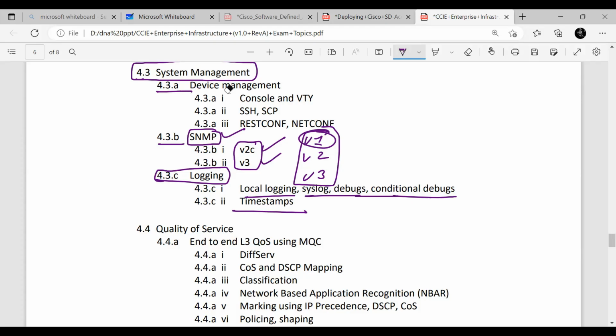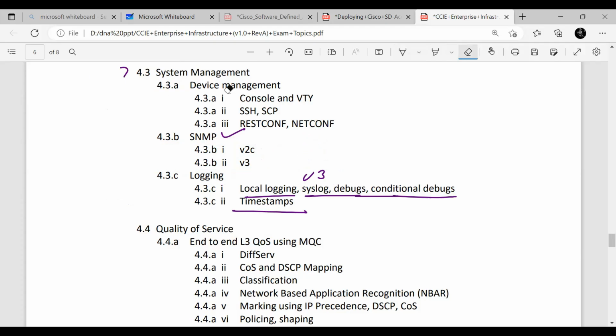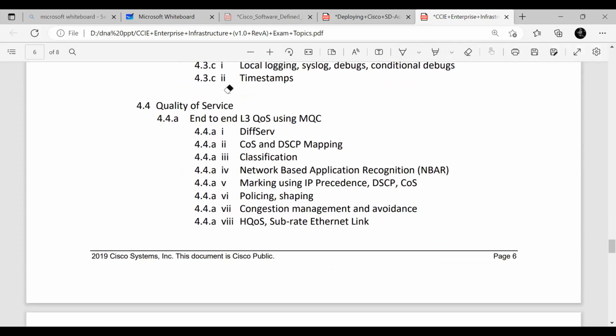So again, important part. And section 4.4 is all about quality of service. End-to-end layer 3 quality of service using MQC, DiffServ.